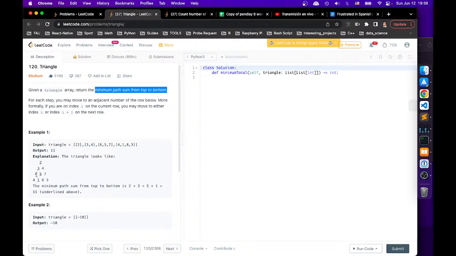Wait, hold on. This one is 6 plus 5, so this one is 11, right? And this one I have a choice. I can go left or go right. So I just choose, and of course we go right. So that's going to give us 11, right? And this one's 7. I only have 1 choice, so it's 13.